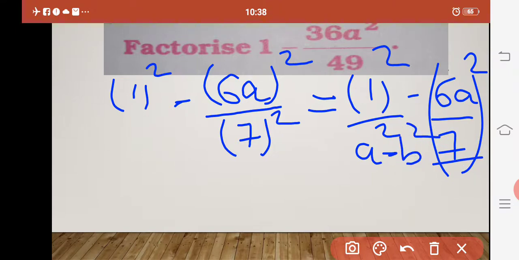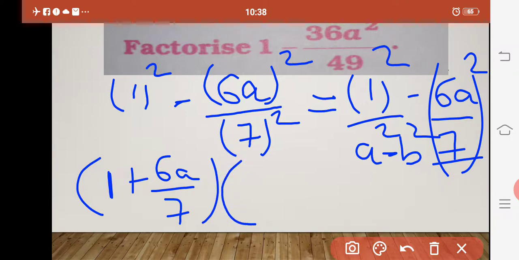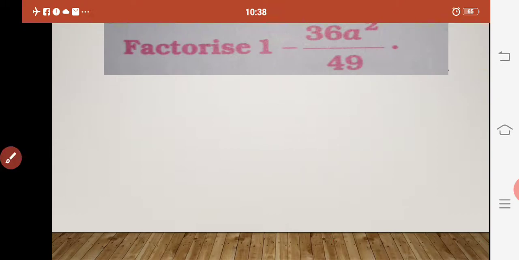By using the same identity, a square minus b square is equal to (a plus b)(a minus b), we have a as 1 plus b as 6a upon 7 in one bracket, then a minus b, as 1 minus 6a upon 7. So this is how we have to factorize when the two squares are given and we have to calculate the difference of these two squares.